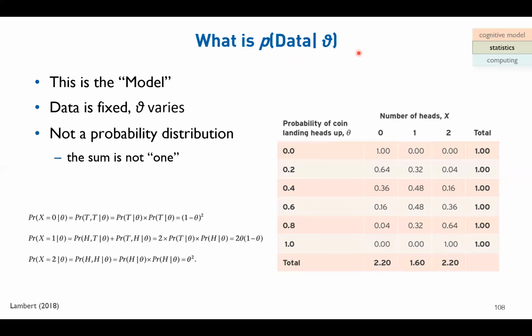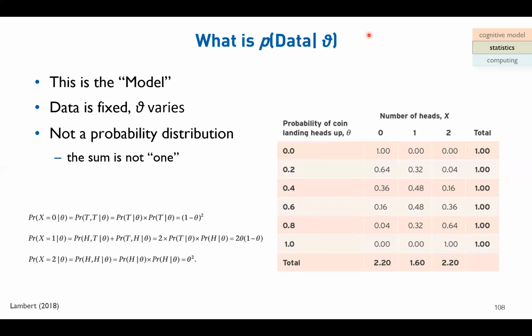If we sum up all those numbers, P of data given theta 1, theta 2, up to theta 6, those 6 numbers do not sum up to 1, okay? And here is also not. So in this case, the likelihood part in the Bayesian equation is not a probability.